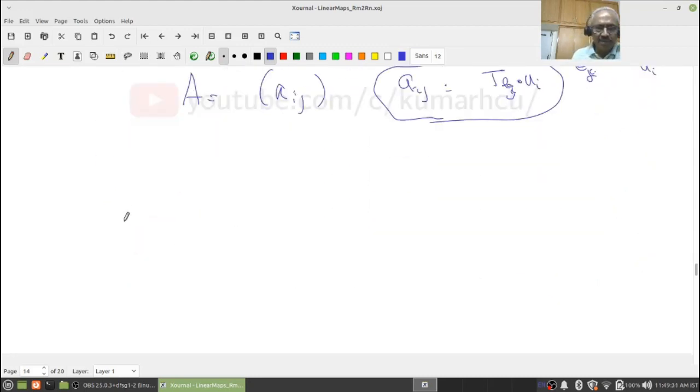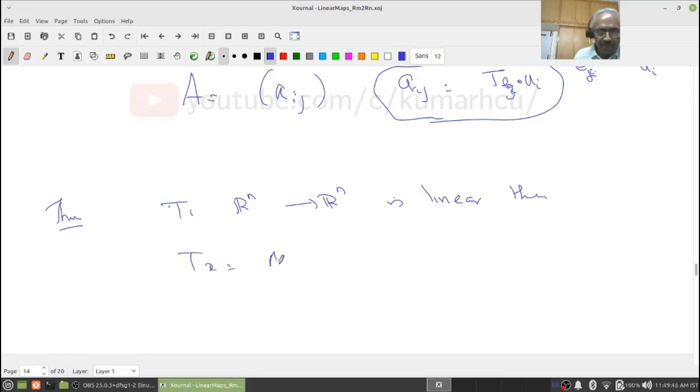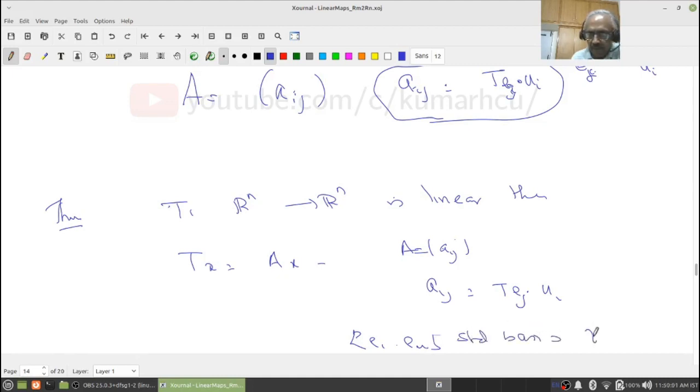Therefore the theorem says something more. If T from Rm to Rn is linear, then T of x is A of x, where A equals aij, and what is aij? aij is, look at T of ej dot with ui, where e1 to em is the standard basis of Rm and u1 to un is the standard basis of Rn.